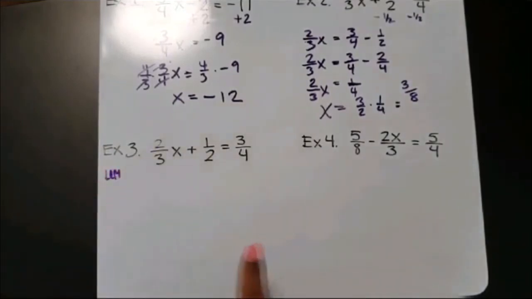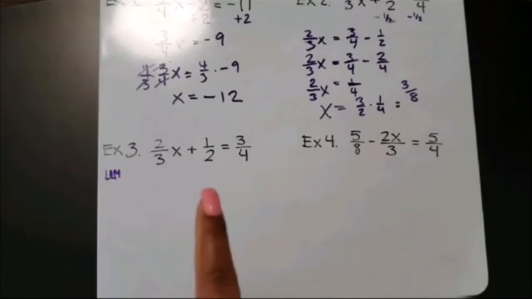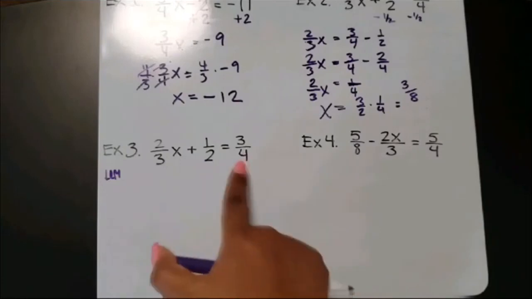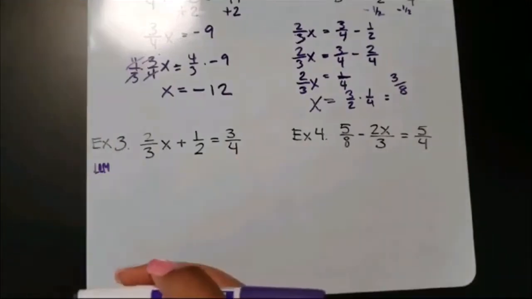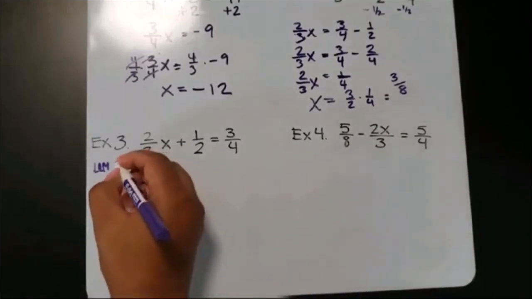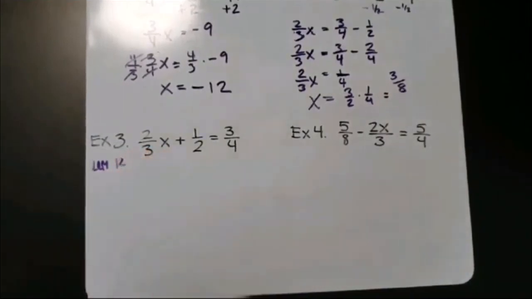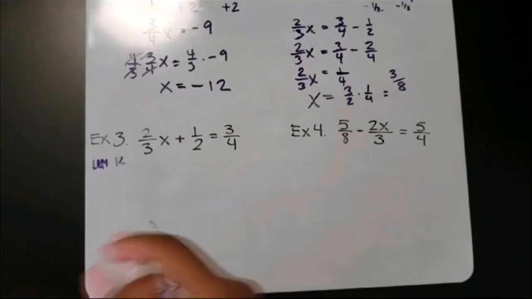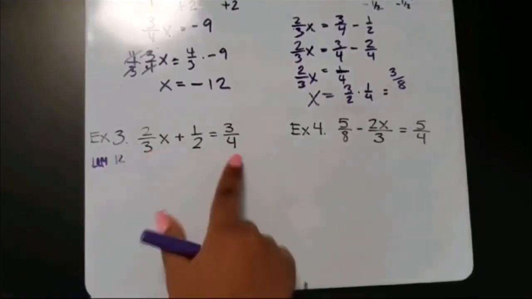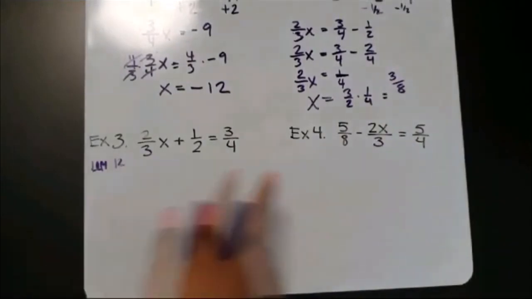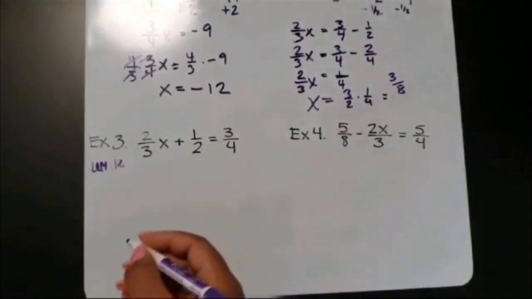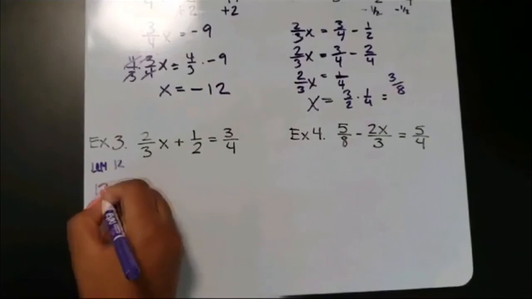Out of 3, 2, and 4, what is the LCM? The LCM is 12. So what we're going to do is multiply each term by 12. And that is going to clear our denominator.